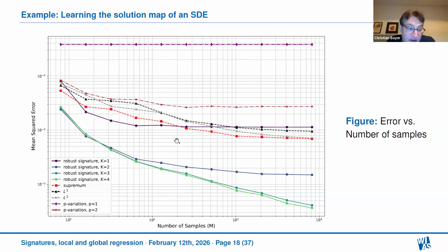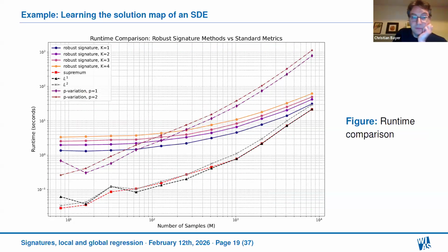On the other hand, if we compare to classical competitors, for instance, the black triangles are the L1 distance, the gray multiplication sign is the L2 distance, or even the p-variation distance, for which you don't have convergence at all. So these are clearly outperformed by the signature methods.